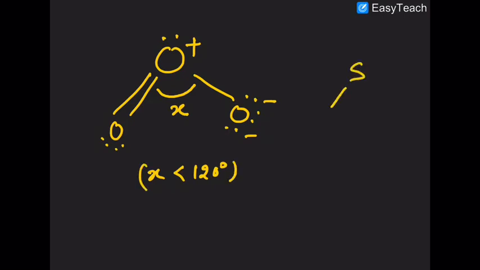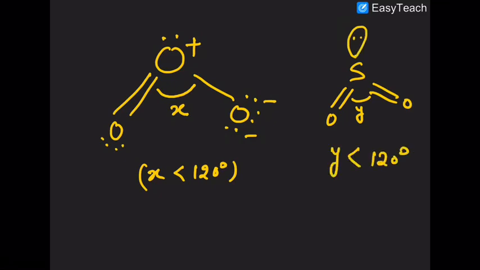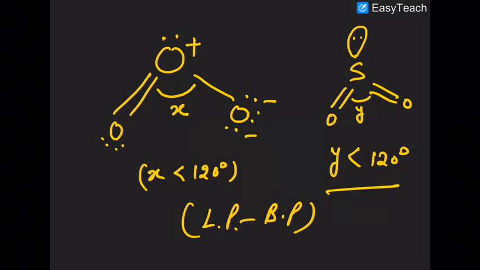Similarly, sulfur dioxide: Y is also less than 120. So in both the cases, lone pair, bond pair repulsion is present. Other examples are SnCl2 and nitrite ion.